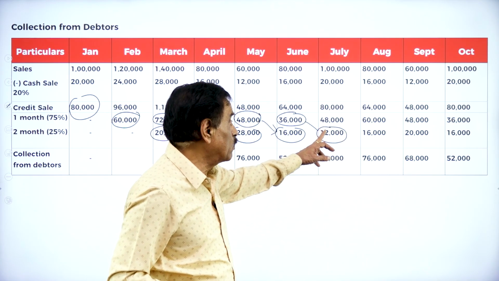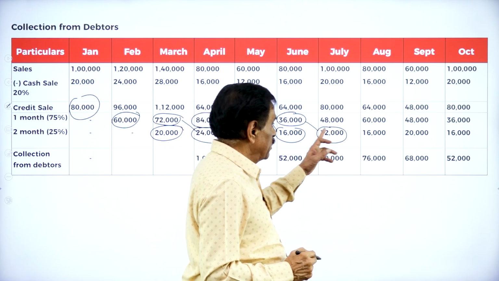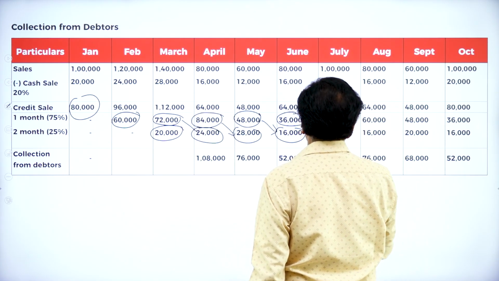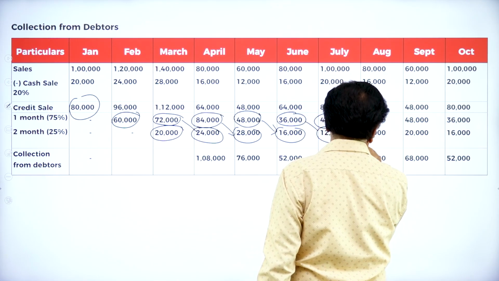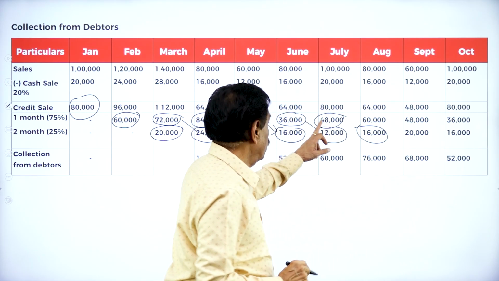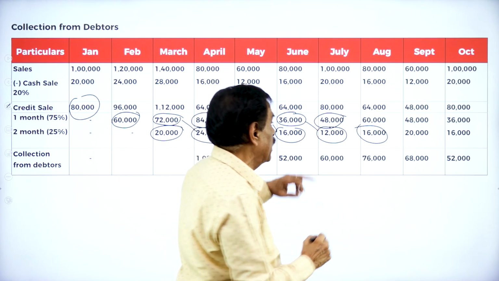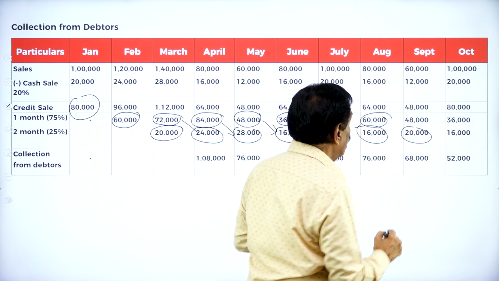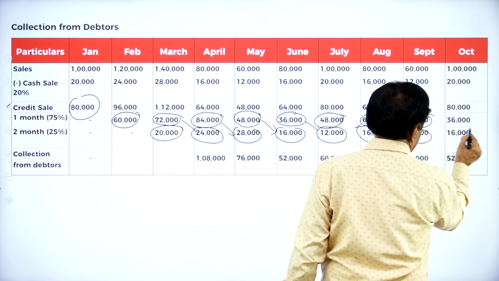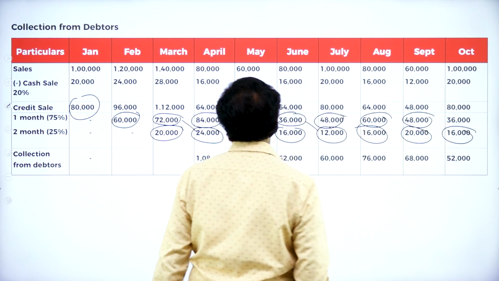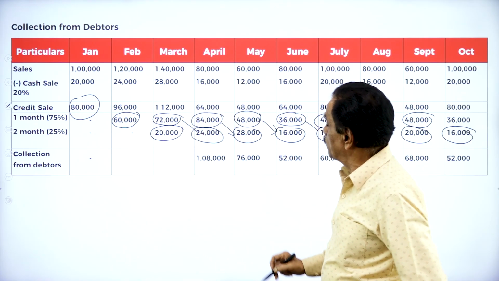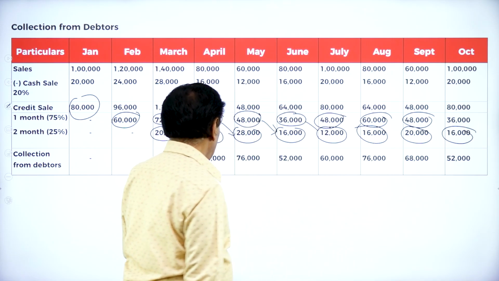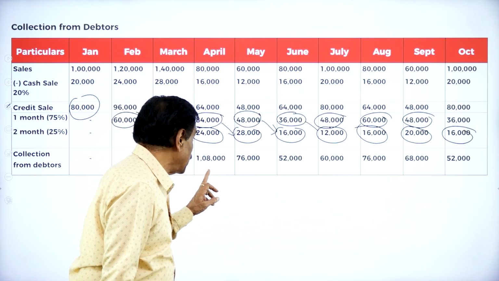For 64,000, 48,000 and another 16,000. It will go like this. If you add this, because we want April to October, these are all the total credit collections: 1,08,000, May.